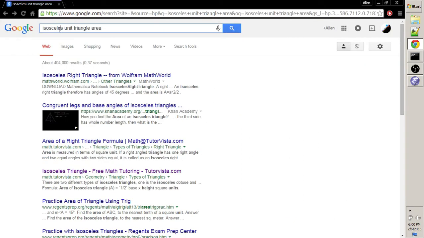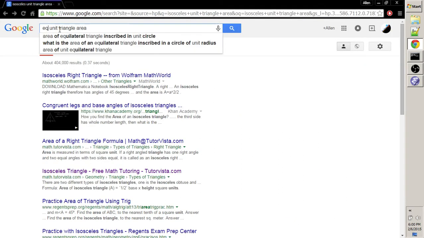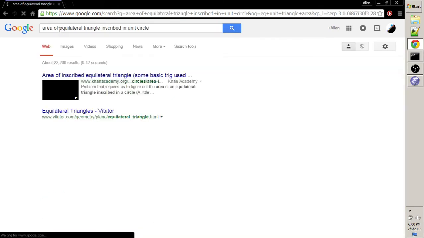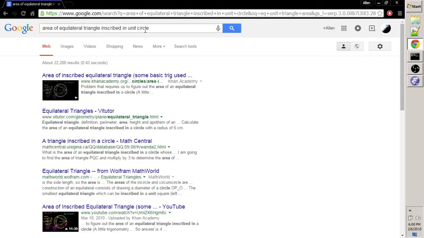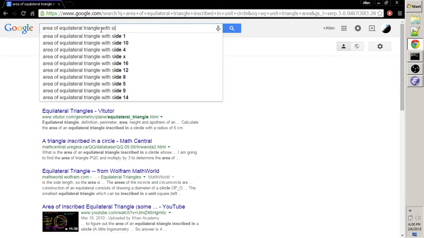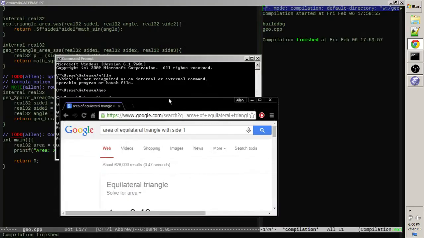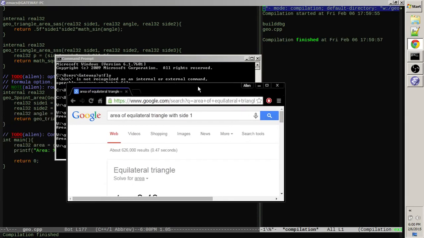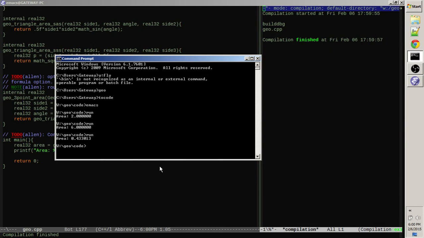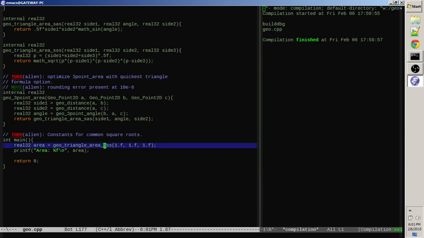Equilateral. I should be saying equilateral. Triangle with side 1. 0.43. That's what we're looking for. Alright, cool. Awesome. So I think we can declare that the side-side-side area is working.